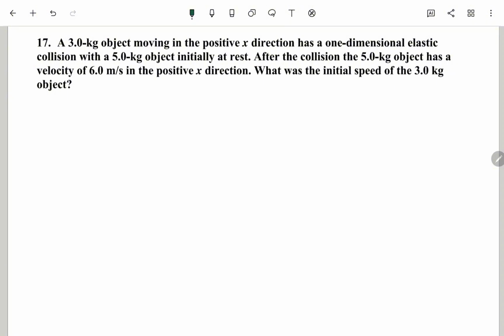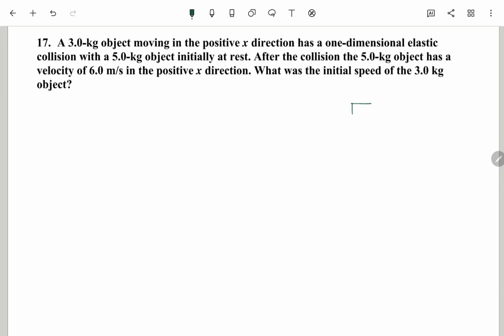A 3 kilogram object moving in the positive x direction has a one-dimensional elastic collision with a 5 kilogram object initially at rest. After the collision, the 5 kilogram object has a velocity of 6 meters per second in the positive x direction. What was the initial speed of the 3 kilogram object? And here's the situation.